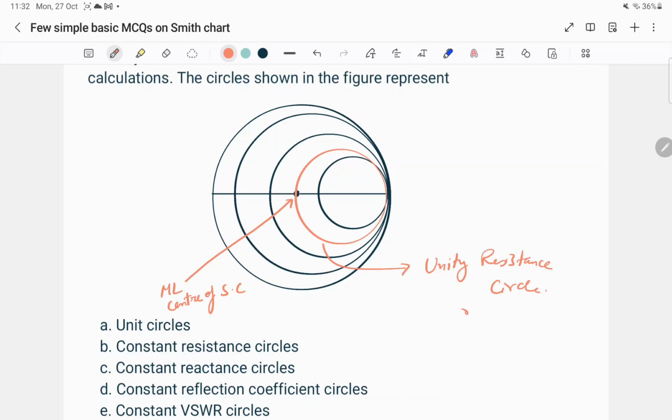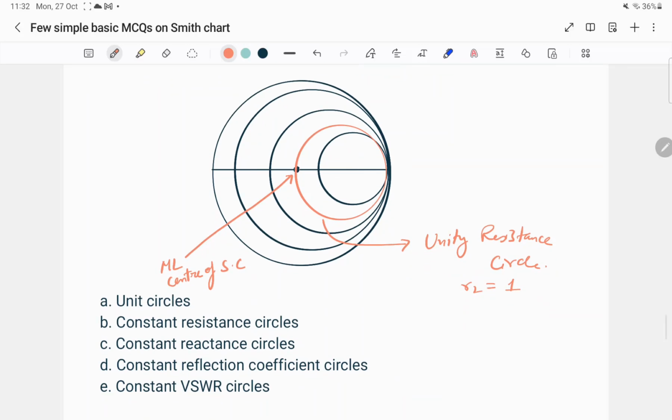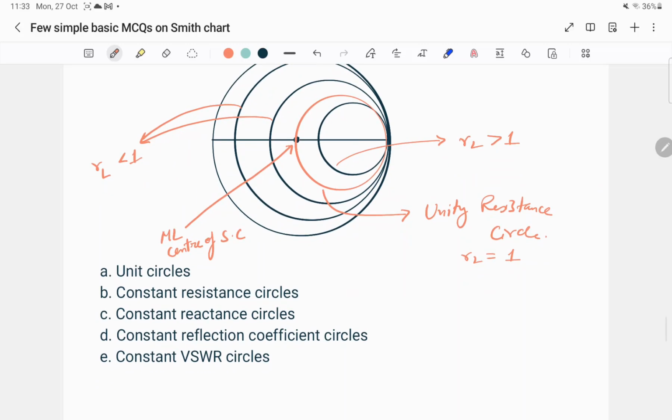Why? Because its value RL equals 1. So all these circles are not unity resistance circles. This circle has a value RL greater than 1, and these two circles have a value RL less than 1. Okay, this is RL. Alright, so option A is incorrect.